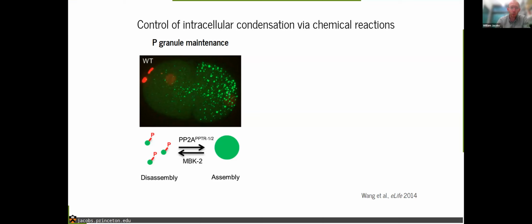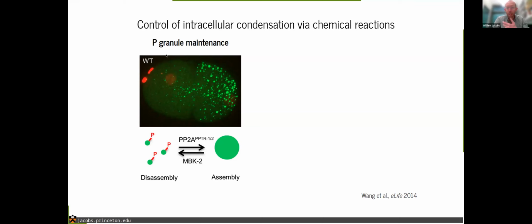spontaneously. What I want to focus on today is the fact that in many cases, these systems are inherently out of equilibrium. Of course, they're forming inside of living cells, and there can be chemical reactions, in particular ATP-dependent chemical reactions, that modify the conformations or chemical details of these various biomolecules, and thus their tendency to form condensed phases.